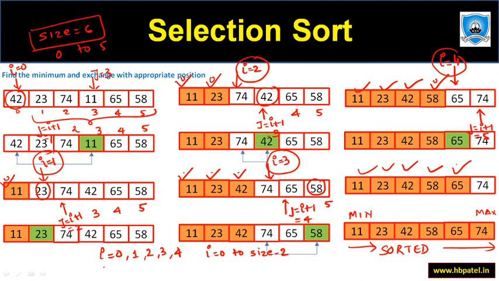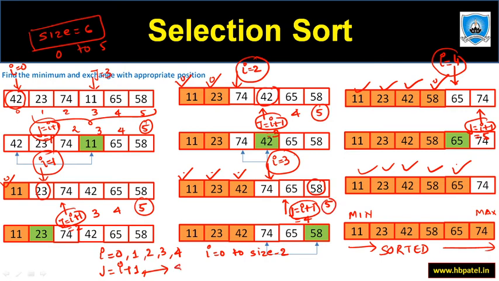And what about j? You can see every time j starts from i plus 1, and it goes all the way up to 5.